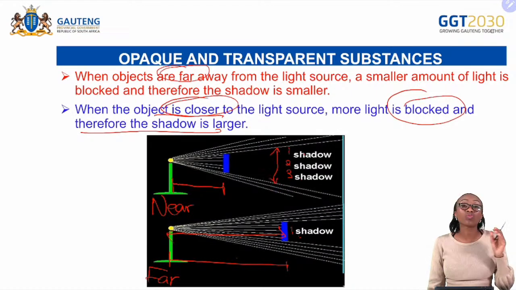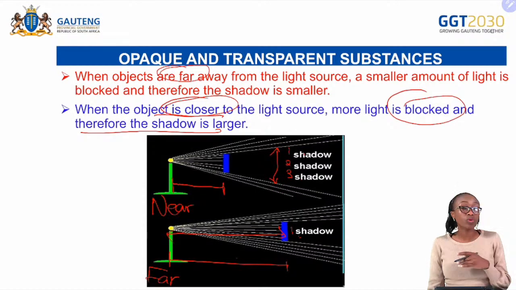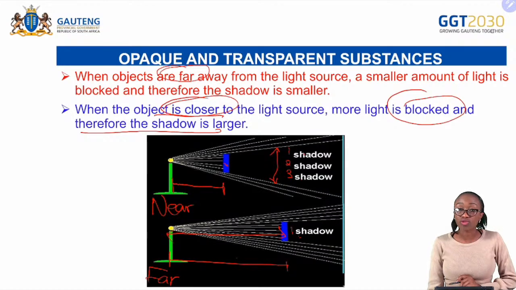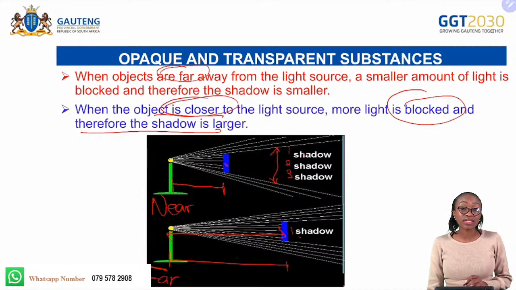You can just look at the space here. That's the space where light cannot pass through, because this blue object is quite close to the light source. If we look at the picture on the bottom, the one that has the light source at a distance from the object, we've got one shadow word, showing us that the shadow is smaller.